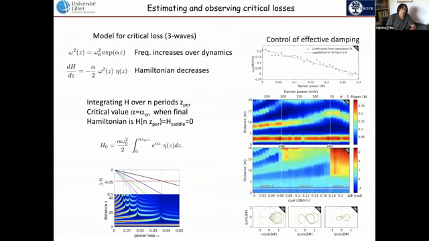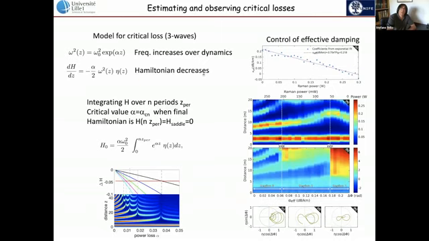Okay, very rapidly, we actually developed a model. The model is again based on 3 waves. So essentially now we have a parameter which is the frequency, which increases over the dynamics. And the reason is because the power is decreasing exponentially. So the normalized frequency is increasing exponentially. And you write down also an equation for the Hamiltonian.